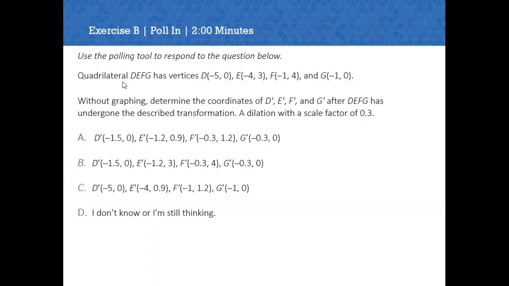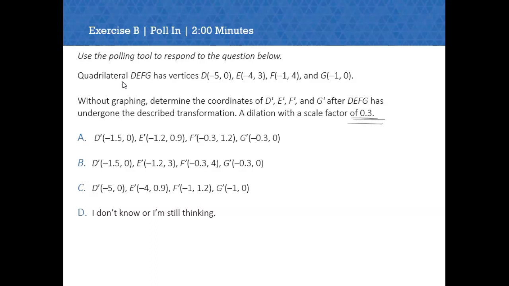A dilation with a scale factor of 0.3. So this is under the value of 1. So our image has shrunk. If we just look at D here, this one says D stayed the same. So we know this is not correct. We see G is the same, so we know that one's not going to be right.